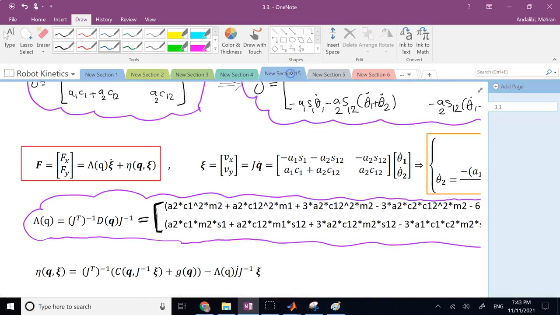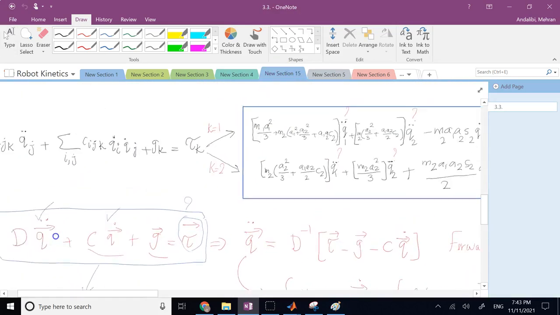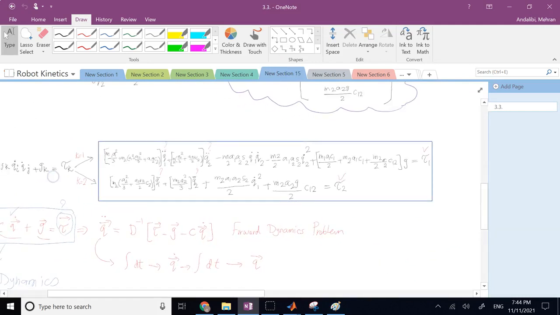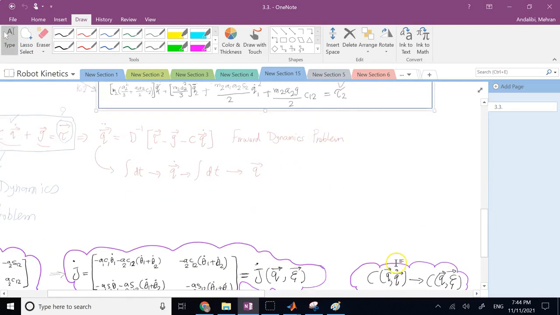So if I go back to what I found last time, which are these equations, I also need to add A transpose times lambda to them. Let me copy this whole thing for you, and then we continue on that.